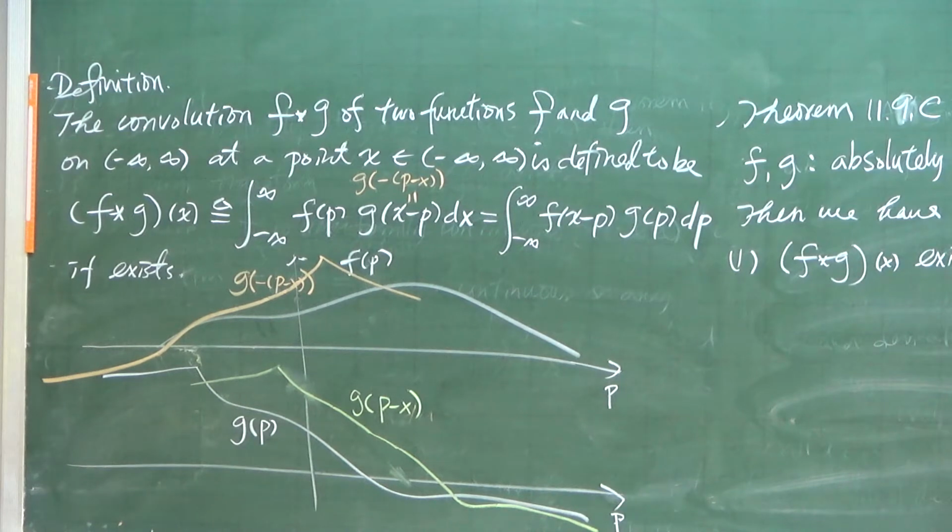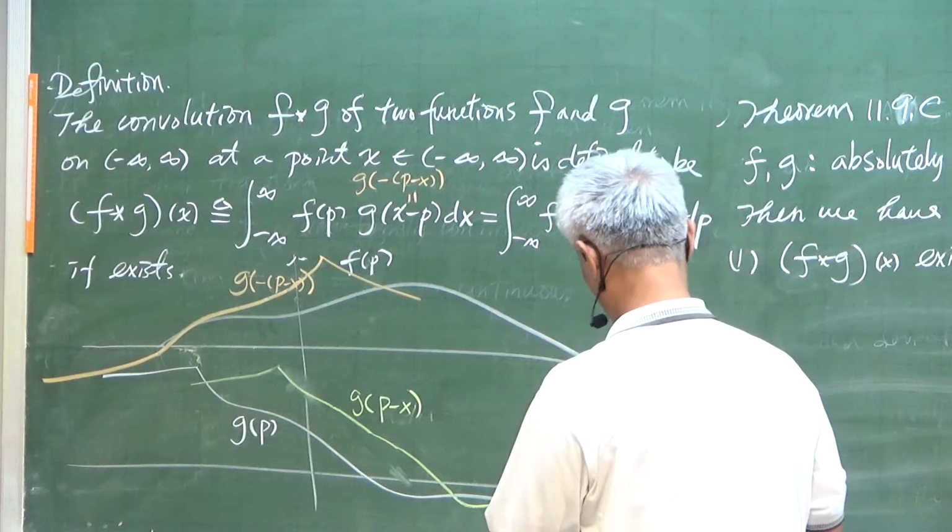It's not guaranteed for every point, even though f and g are absolutely integrable. They guarantee only that the convolution exists for almost all x. But that is good enough.